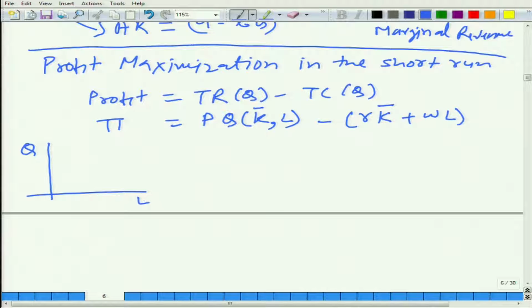Okay. Similarly, you can also think of this, that instead of profit maximization in the short run, we are talking about profit maximization in one variable, where only one input is required, and that input is L. You can take that it is some fixed number, does not matter. Okay. Fine. So, if we rewrite it, how can we write?